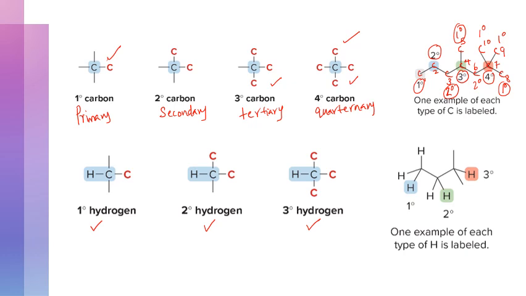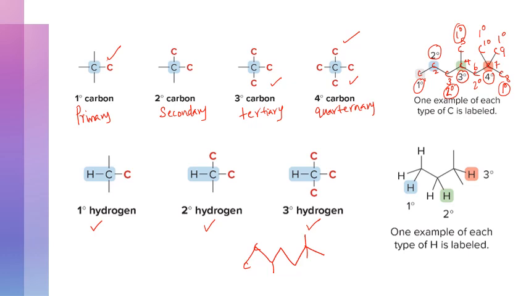Okay, so if we take another example, 1, 2, 3, 4, I can draw a branch here, and also we can put branches here. Each bend and end is a carbon atom.